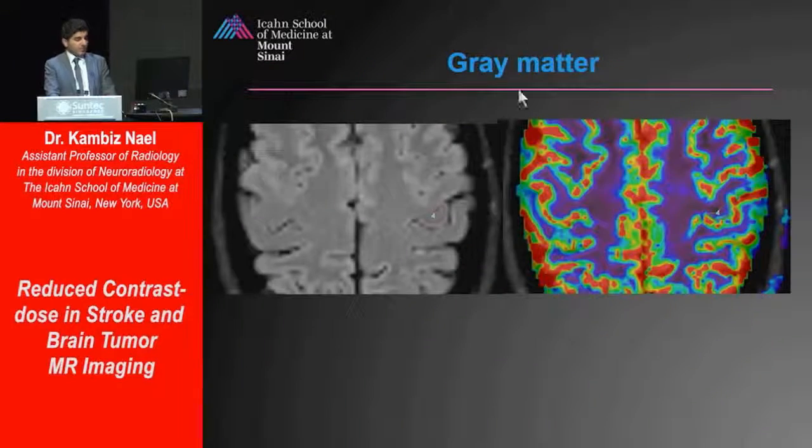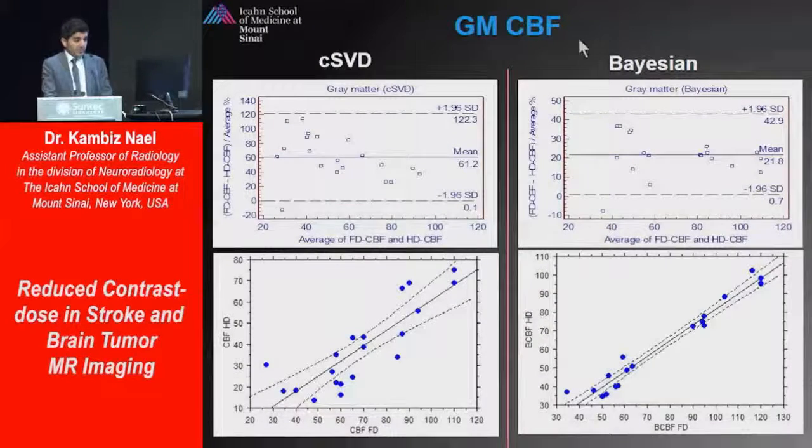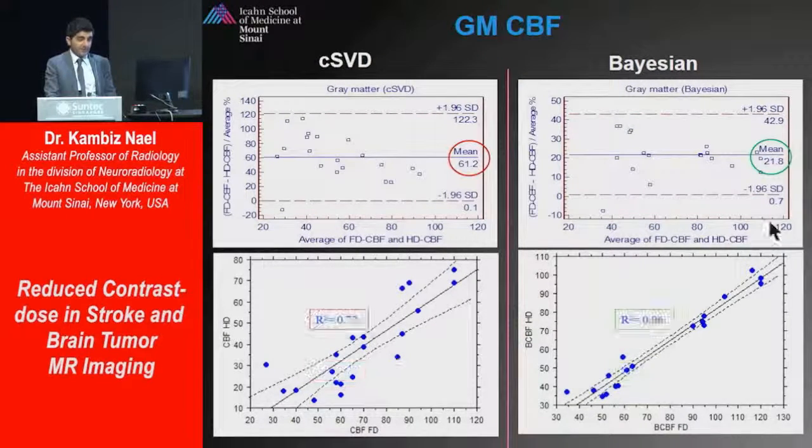So let's go to our quantitative analysis. We looked at both gray matter and white matter. We drew our ROI in the central sulcus to evaluate the gray matter perfusion analysis, and these are our results. So looking at gray matter cerebral blood flow, we have significantly less mean difference between full dose and half dose when processed with Bayesian as compared to CSVD, and also much better correlation between full dose and half dose CBF in gray matter compared to CSVD.